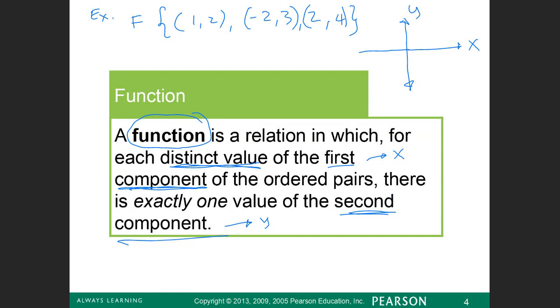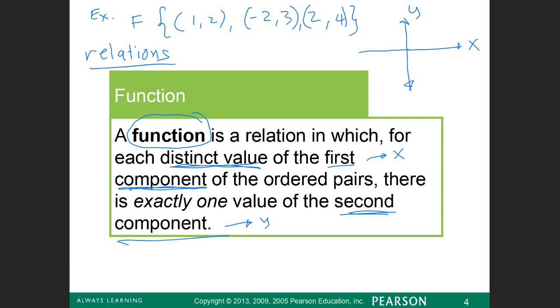Now you'll be asked if this set of ordered pairs, which is what we call a relation, so that's the term used for a set of ordered pairs, is a function or not a function.